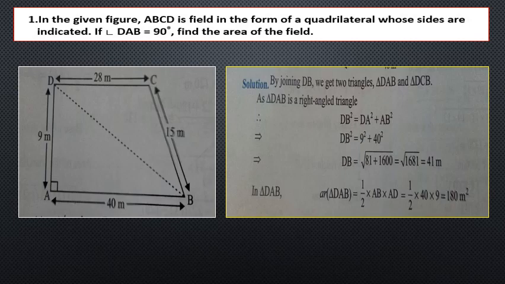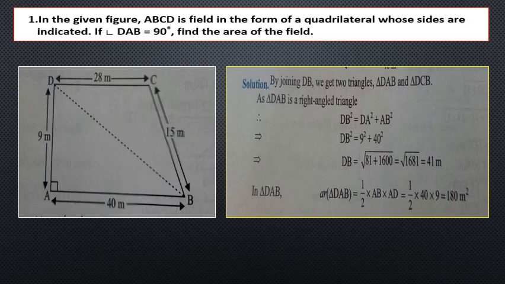That is, in 40, 2 will go 20 times. 20 into 9 is equal to 180 meter square. So 180 meter square is the area of triangle DAB. Then we have the side BD is equal to 41 meters. Now in triangle BDC, we have three sides.